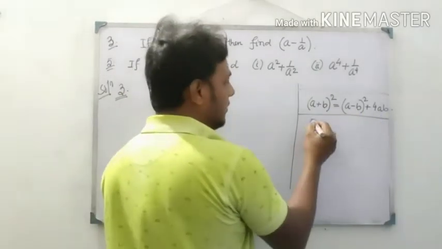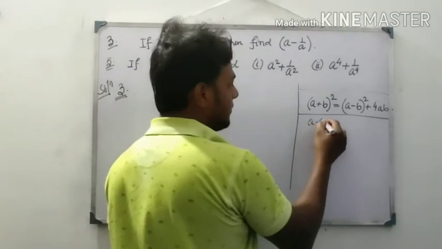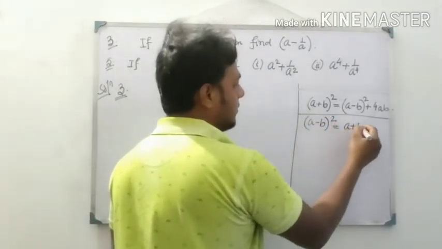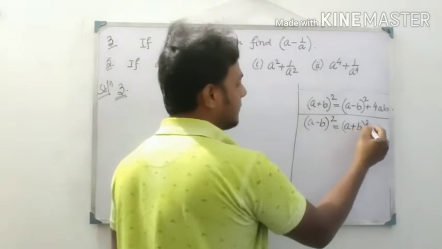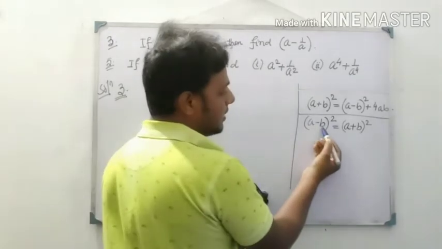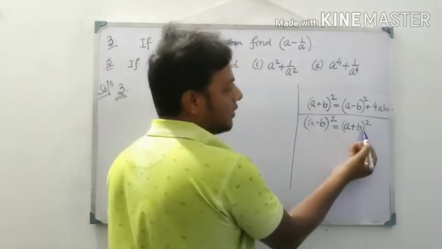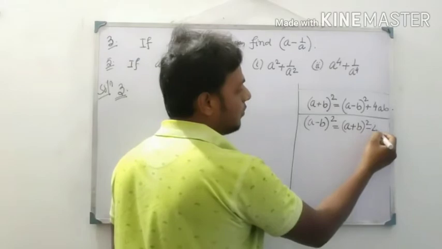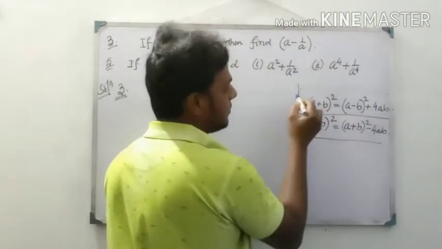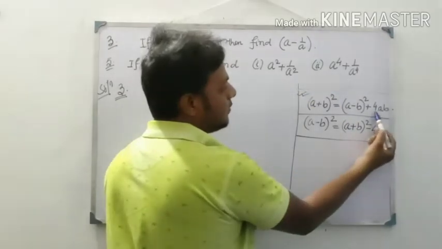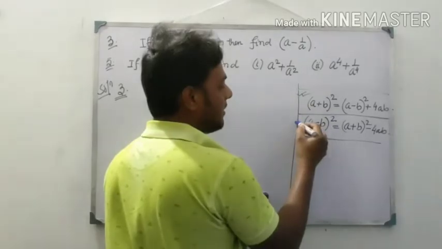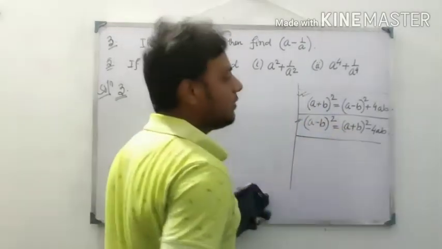If you write here also that a minus b whole square equals a plus b whole square, we converted a minus b into a plus b. To balance it we have to write here 4ab. You will get this identity from this line also. How? Just consider this 4ab term on the left hand side, then you will get this identity. So you have to memorize any one.